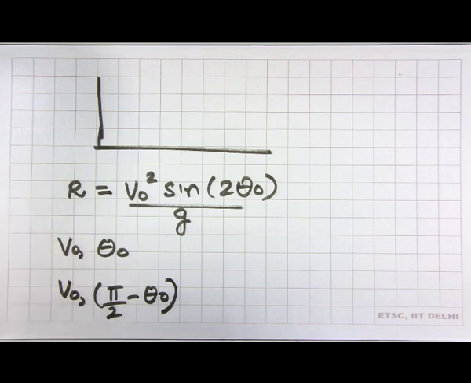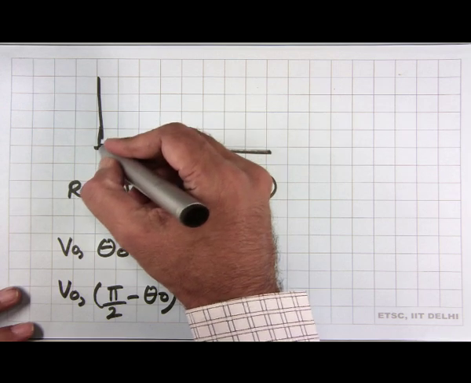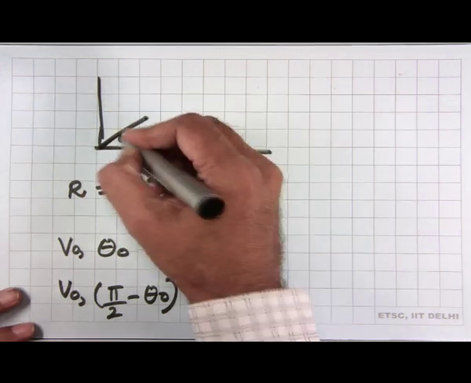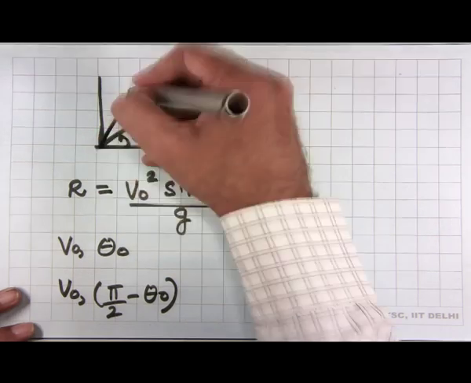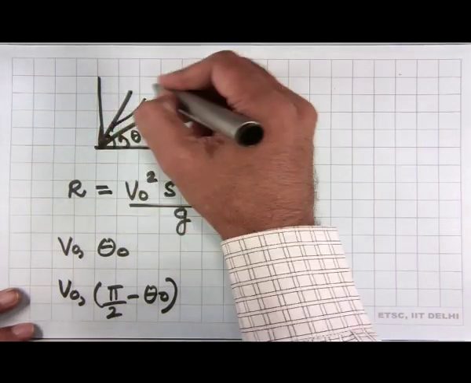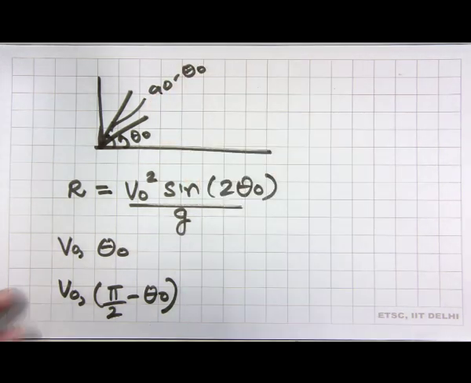That means one projectile is thrown at an angle of theta 0, another is thrown at an angle of 90 minus theta 0.